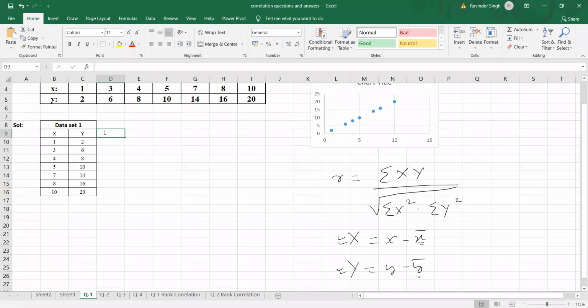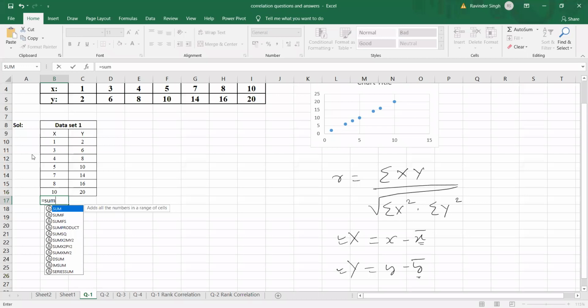So first I will find the capital X, which is nothing but your X minus X bar. First I have to find the mean here. What is the mean of that? What is the sum of X value? You can find the sum. So I am finding here sum of 1 to 10.